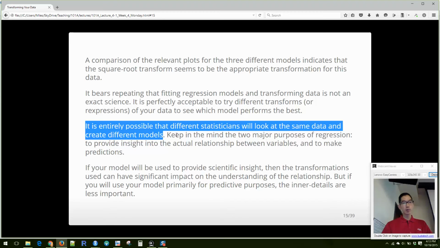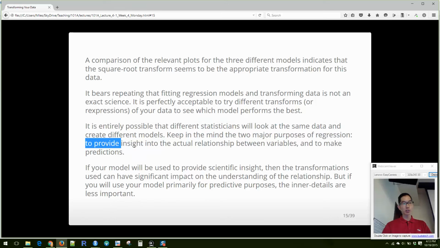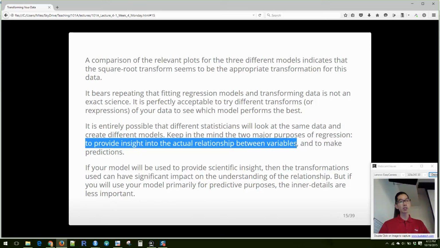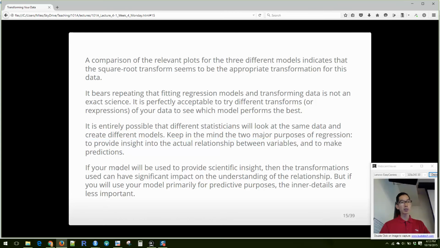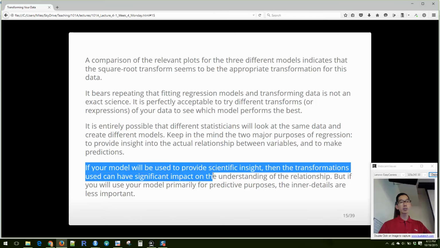Again, keep in mind the two major purposes of regression: to provide insight into the actual relationship between variables and to make predictions. If your model is used to provide scientific insight, then the transformations that you use could have significant meaning on the understanding of the underlying relationship. In that case, you probably want to stick with fairly easy to understand transformations.